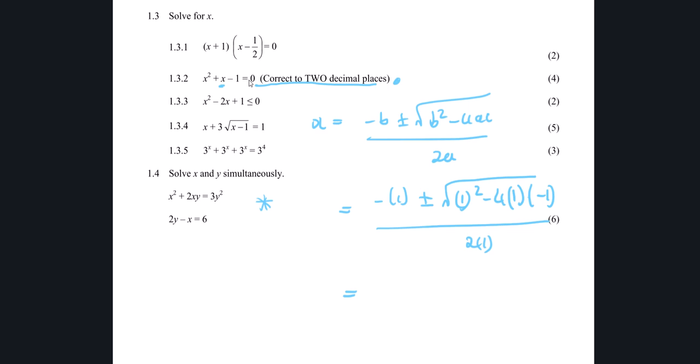I'm going to teach you that when we meet in person. So you get x is equal to 0.62, or x is equal to minus 1.62. These are your two x values.